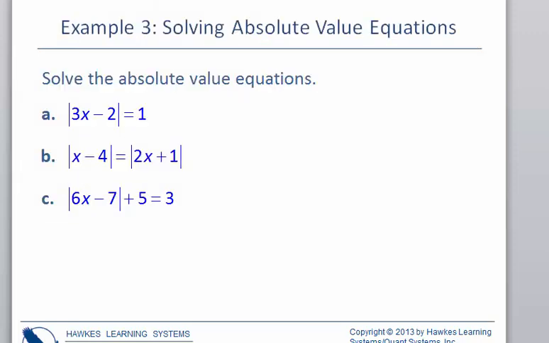Our first example is a basic absolute value equation where we have the absolute value of 3x minus 2 equal to 1. What we want to do with this equation is remember that an absolute value equation has two possibilities. Let's take an absolute value number for a minute and think about what can happen.